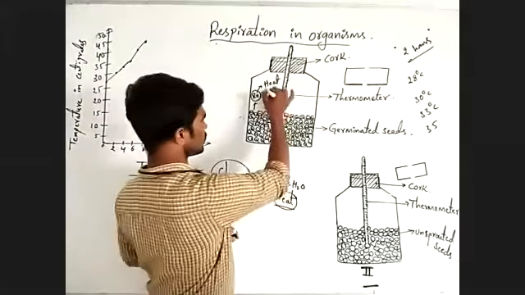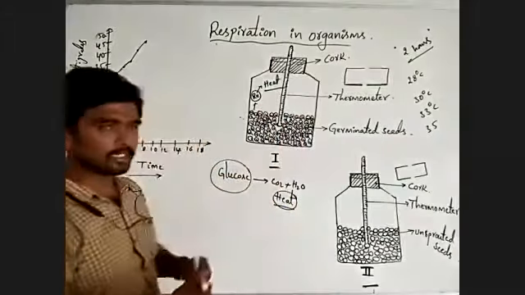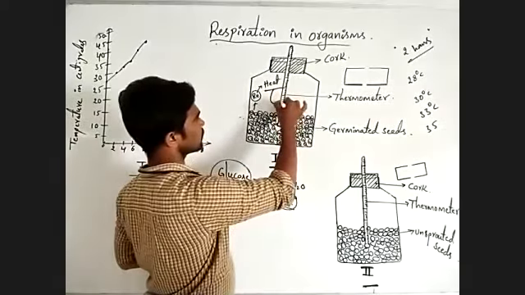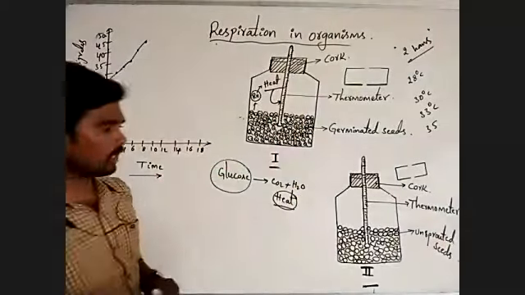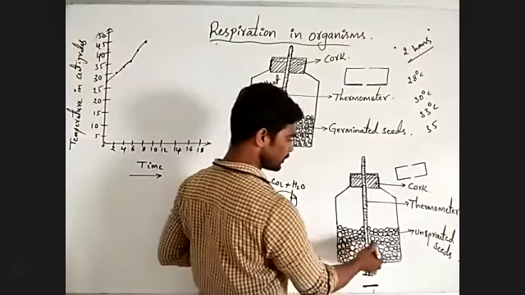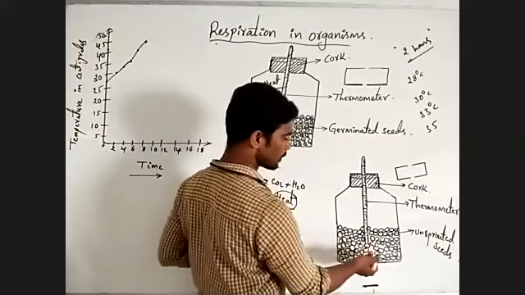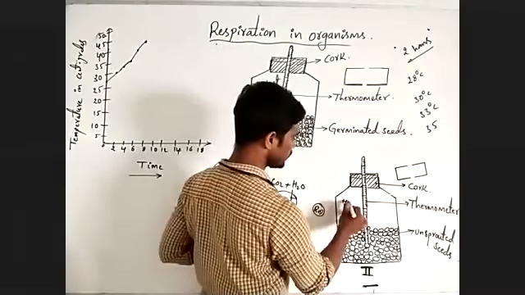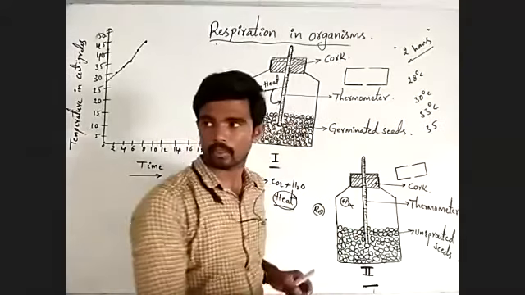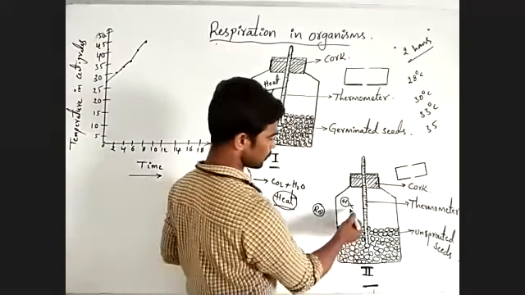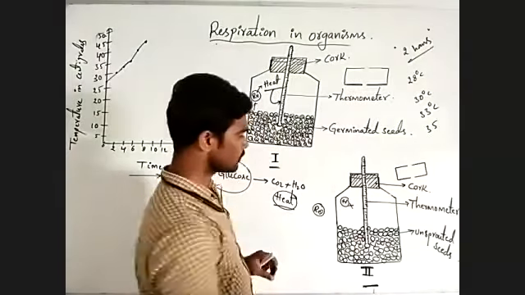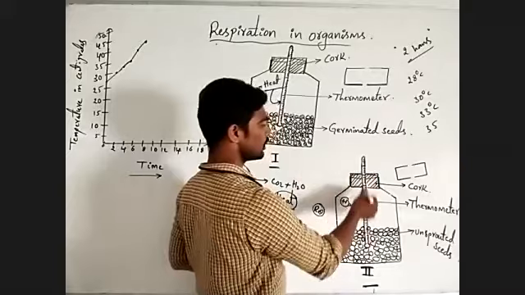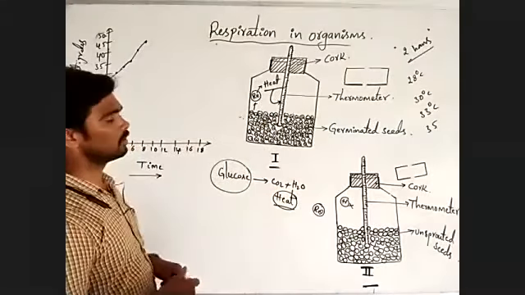This generated heat is measured by the thermometer. But here ungerminated or unsprouted seeds are present. They cannot perform the respiration. That is why heat is not produced here. That is why we cannot observe the increased temperature inside of the second bottle. This is an important one here.